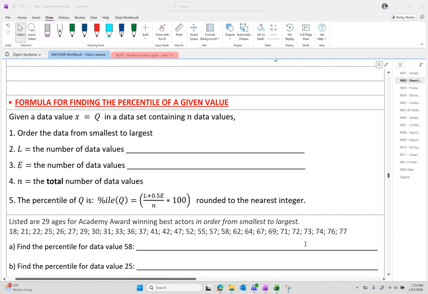Now, there is also a formula for finding the percentile of a given value. That means if I tell you the data value, you tell me what kind of percentile that is.